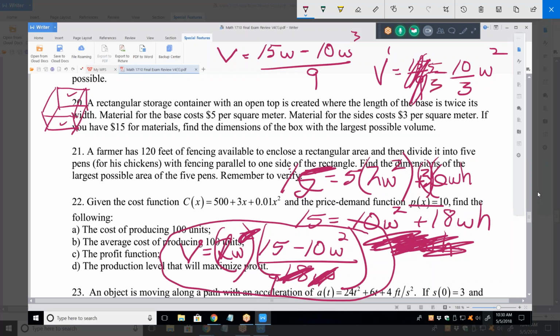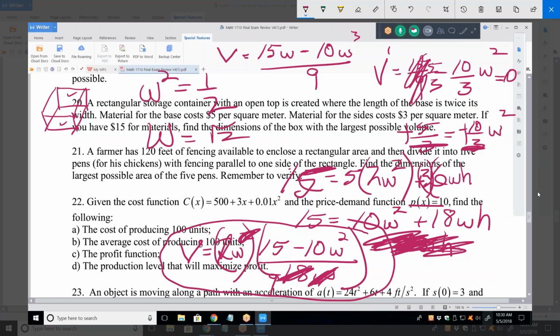And now, if I'm going to set all that equal to 0, then I've got minus 5 thirds equals minus 10 thirds w squared. The 3's cancel, you get w squared equals 1/2. w has to equal root 2 over 2.